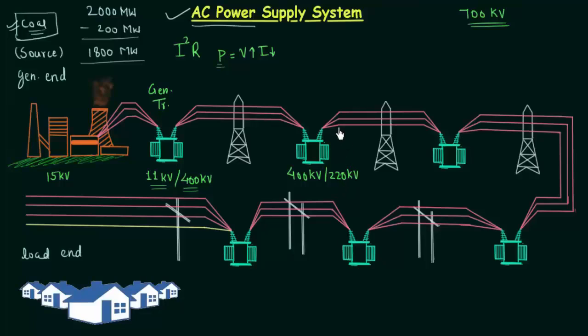This 220 kV is again transmitted, and we will step down 220 kV further to 132 kV. 132 kV is transmitted and stepped down at another substation to a voltage level of 33 kV. 33 kV is stepped down to 11 kV, and 11 kV is stepped down to 400 volt. So this is how the standard transmission voltages look.